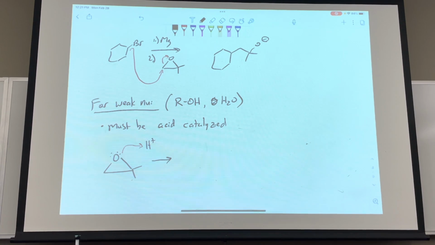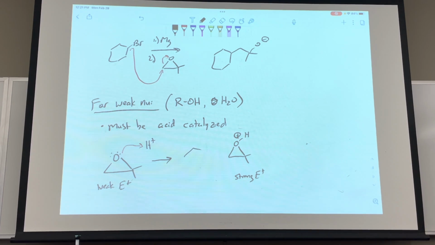And so now, because we have a charged oxygen, this is a much better electrophile. So this is a weak electrophile. This is a strong electrophile. So now it doesn't matter that you're throwing a weak nucleophile at it because again, one of the two is strong, namely the electrophile.